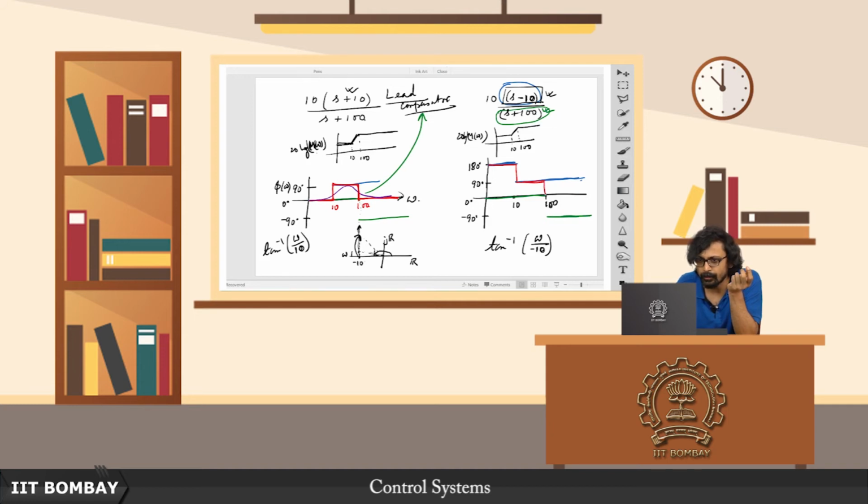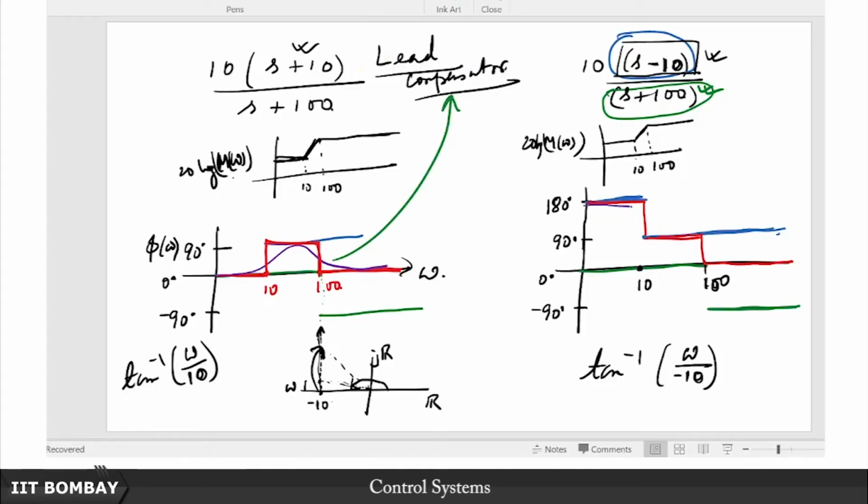So you have another jump here and you continue like this. If you are trying to be very aesthetic about this, you probably need a plot that looks somewhat like this. Okay. So that could be your potential phase plot for a non-minimum phase system.